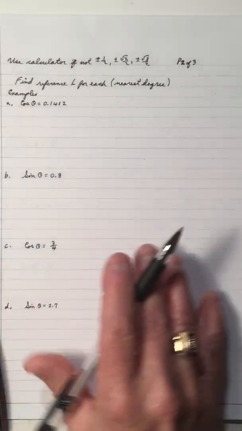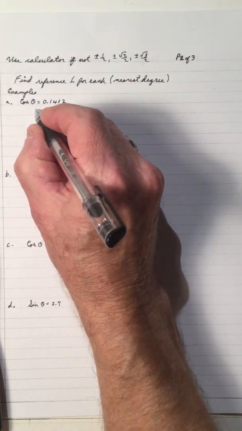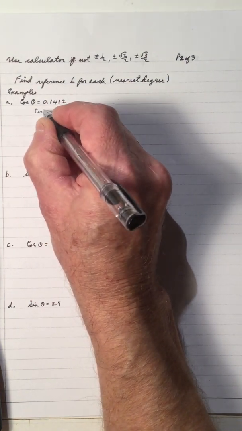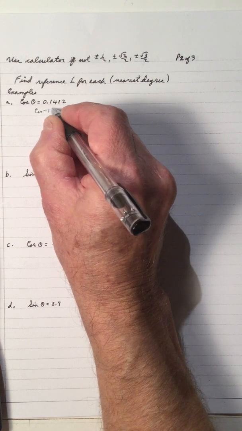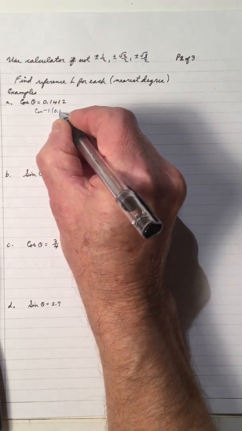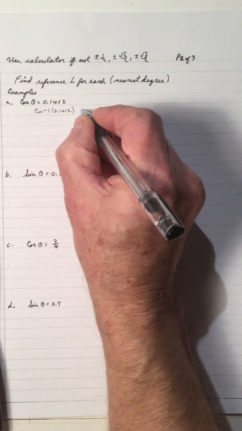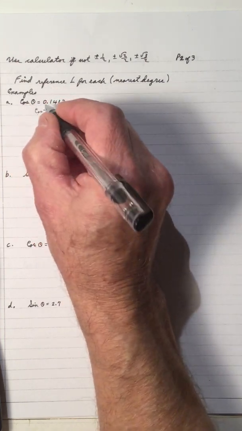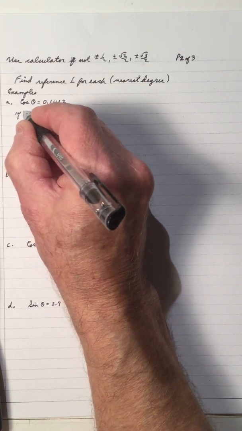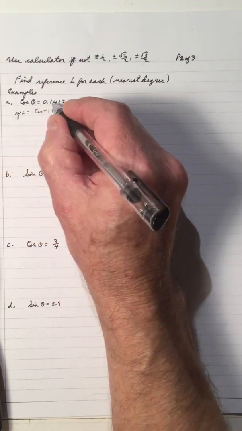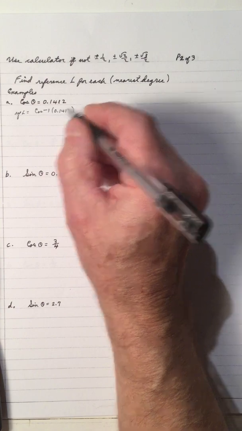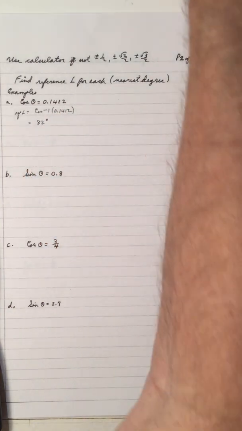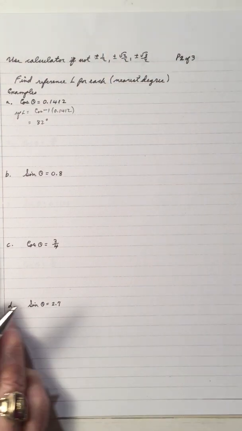Your calculator writes this as cos to the negative 1 on 0.1412, and this will give you your reference angle, but because it's positive, it will also give you the value of theta. So that's 82 degrees.